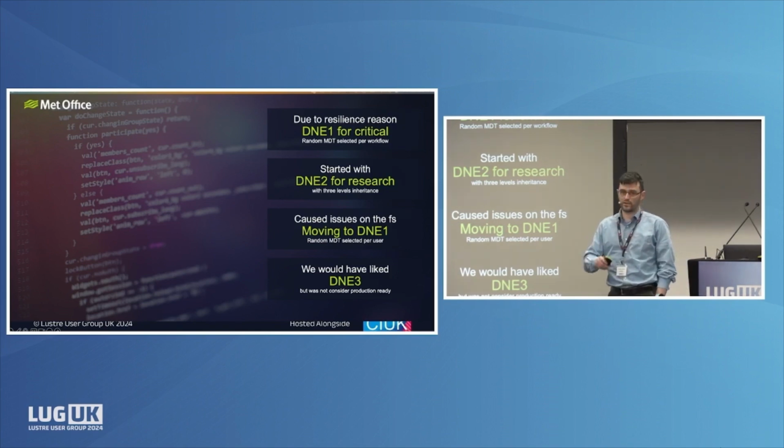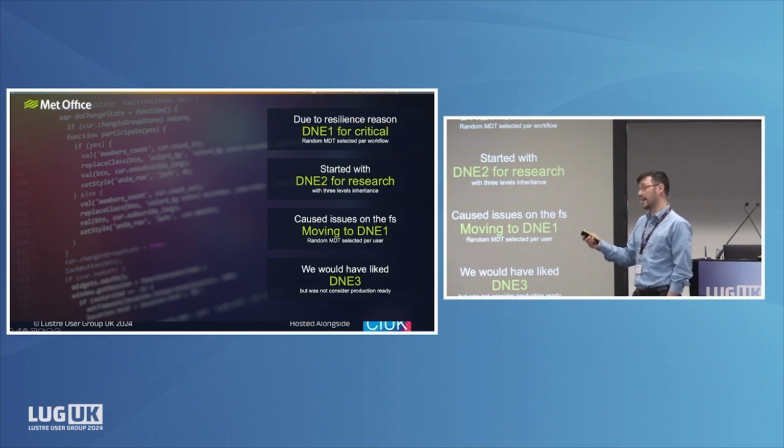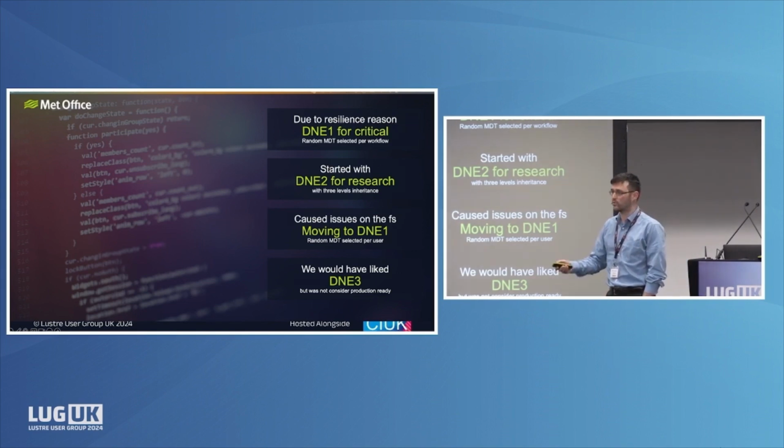That's for resilience reasons. From all the information we tried to gather, we always heard DNE1 is the thing you want, the thing you can use. In reality, what we really wanted was DNE3. That's the thing we would like to use, but unfortunately it was not deemed to be production ready for the Lustre version that we have.